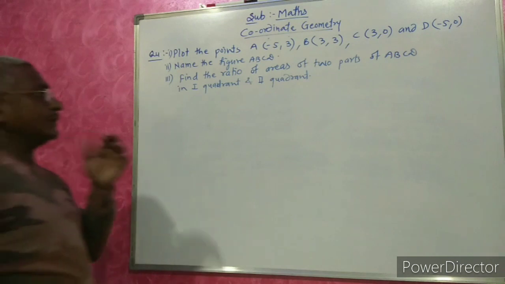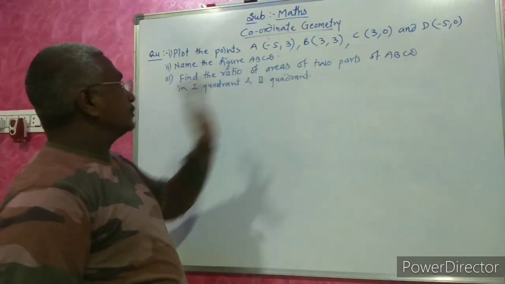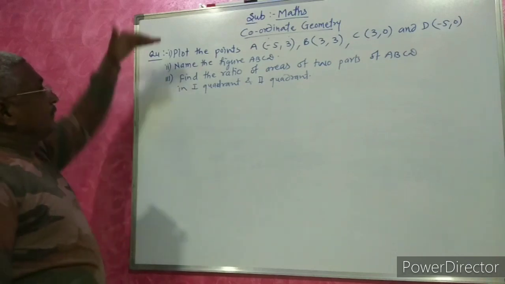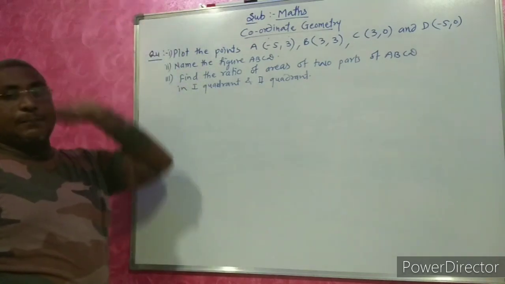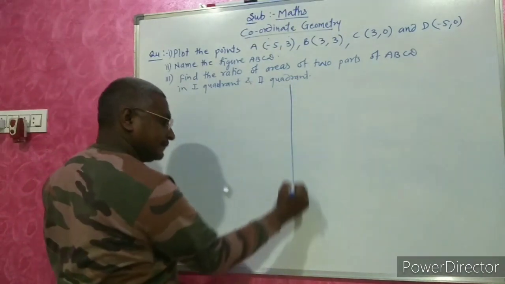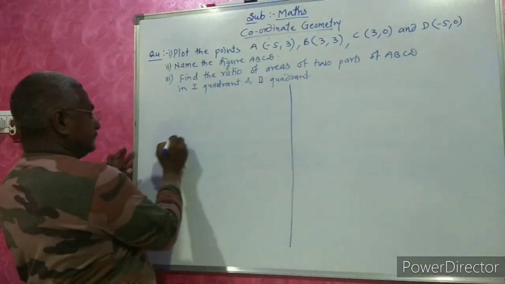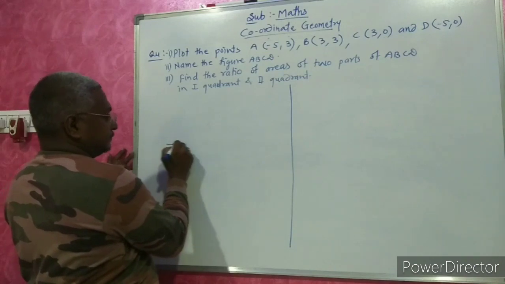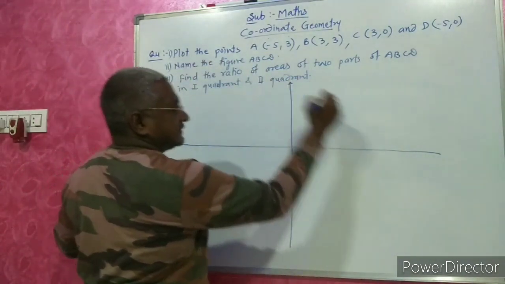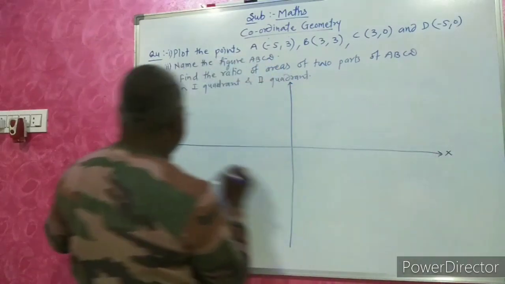This question some students are having doubts about. Now here how to do? First question: plot the points. On the graph paper we have to plot them. This is the y-axis, this one is the x-axis.